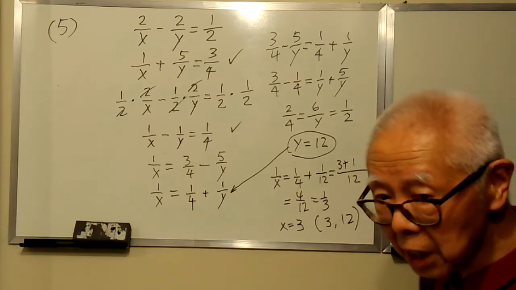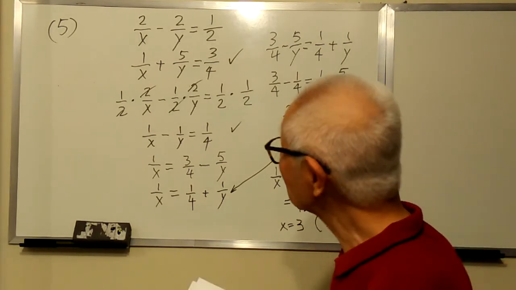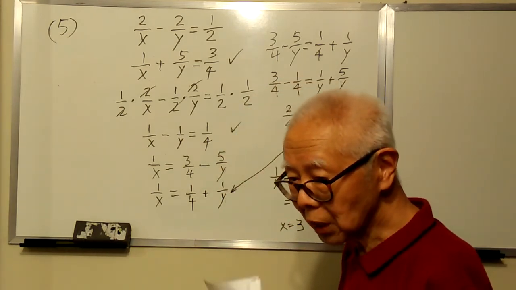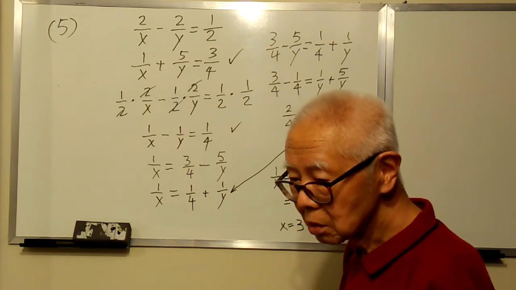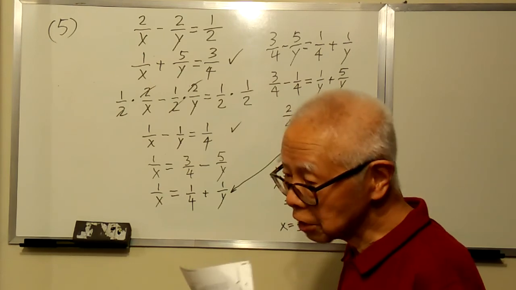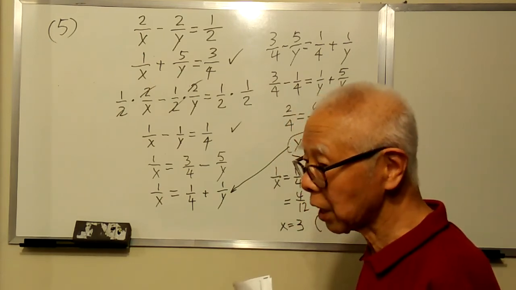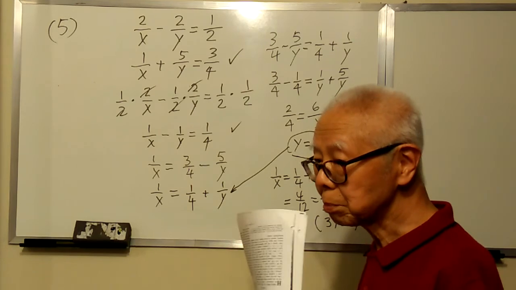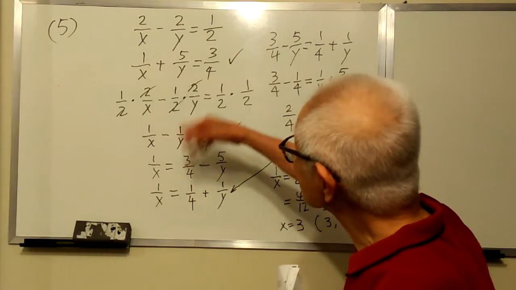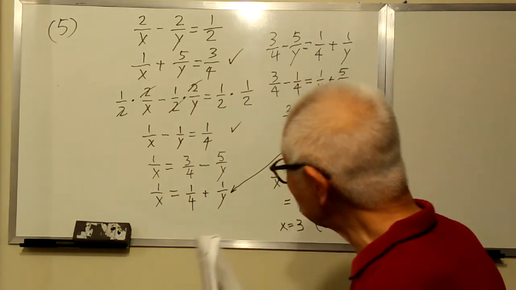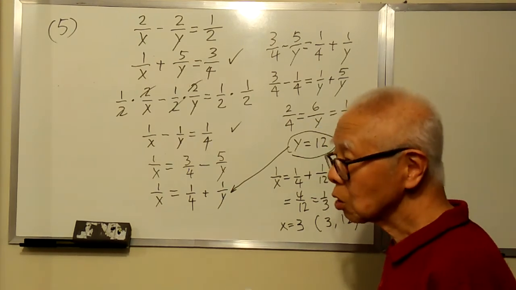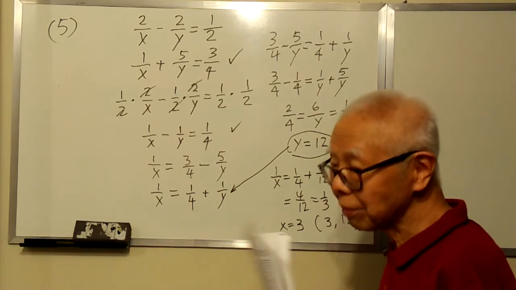What is the name of this method? You see, I make one side the same. The left-hand side can be both y, but it's not necessary that the left-hand side is y. You can make the left-hand side both x. And in the last two examples, I can make the left-hand side 1 over x, or I can make it into 1 over y.